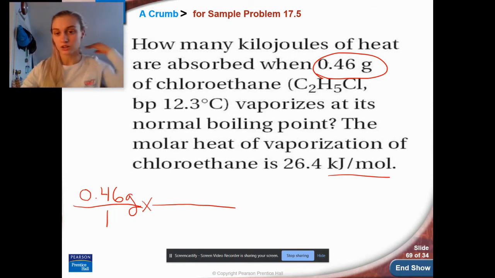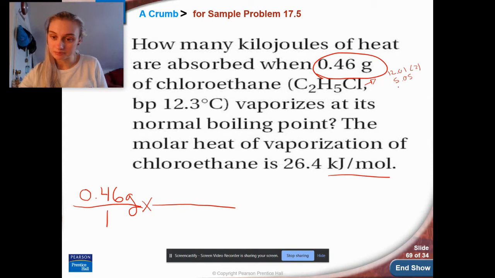So I'm going to go ahead and calculate the molar mass from this. And so this is 12.01, that's for carbon, times 2 carbons, plus 5.05. That's for all the hydrogens, I clumped them because for hydrogen it's 1.01 for each hydrogen, and then I just multiplied that by 5 in my head.